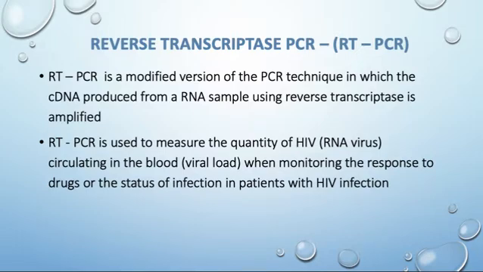RT-PCR is used to measure the quantity of HIV, the RNA virus circulating in the blood, which we call the viral load, when monitoring the response to drugs or the status of infection in a patient with HIV infection. So these are the uses of reverse transcriptase PCR.